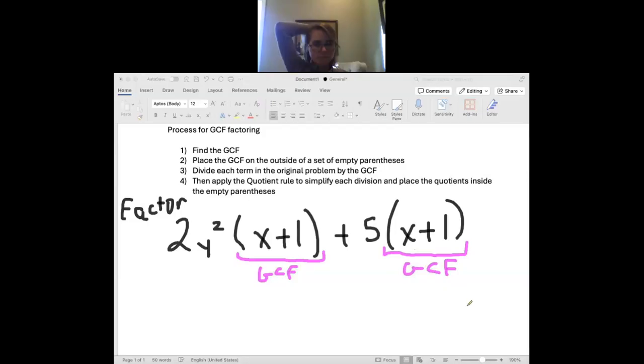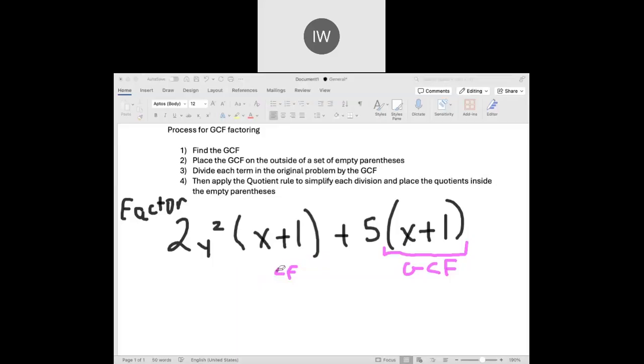There's no real going to search and find it. This is it. The x plus 1 is the greatest common factor because it's common to both. In a sense, one in each term. It appears in both terms.